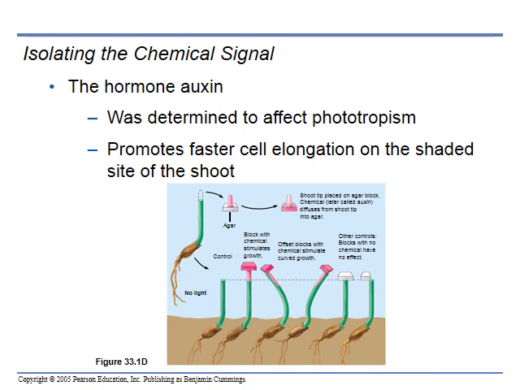All right, so they were able to isolate this acting agent, and it was a hormone called auxin. It was determined that this is what caused phototropism. The way it works is it promoted faster cell elongation on the shaded side of the shoot. So it actually acted on the shady side.